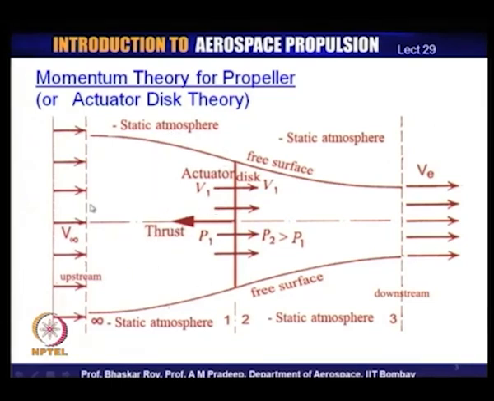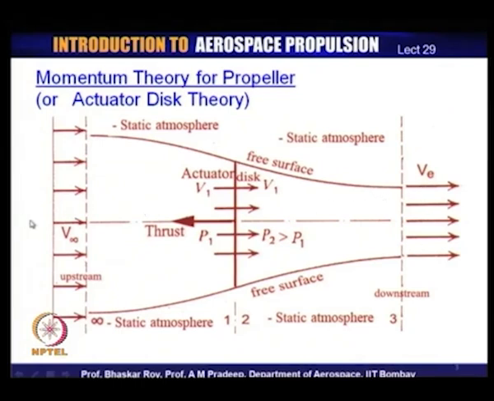So, the front domain is the inlet domain and the rear domain is the exit domain from the actuator disc, and the flow comes from far upstream distance. Let us say the velocity far upstream of the actuator disc is v infinity, and the exit velocity far downstream of this entire domain is v e, that is the exit velocity.